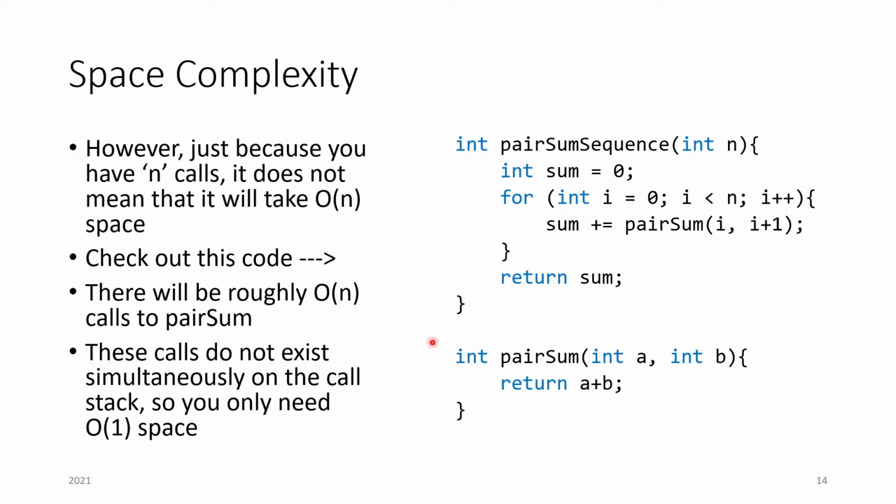Because the calls do not exist simultaneously on your call stack or memory stack, you only need O of one space for this function call each time it is called, until it goes out of scope of the for loop. So yes, there will be O of n calls to pair of sum, but the space required for each call is just going to be O of one space.